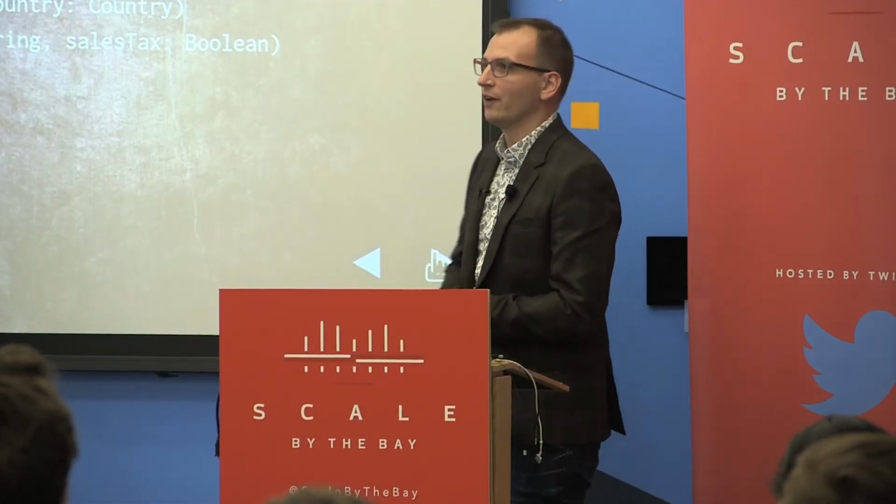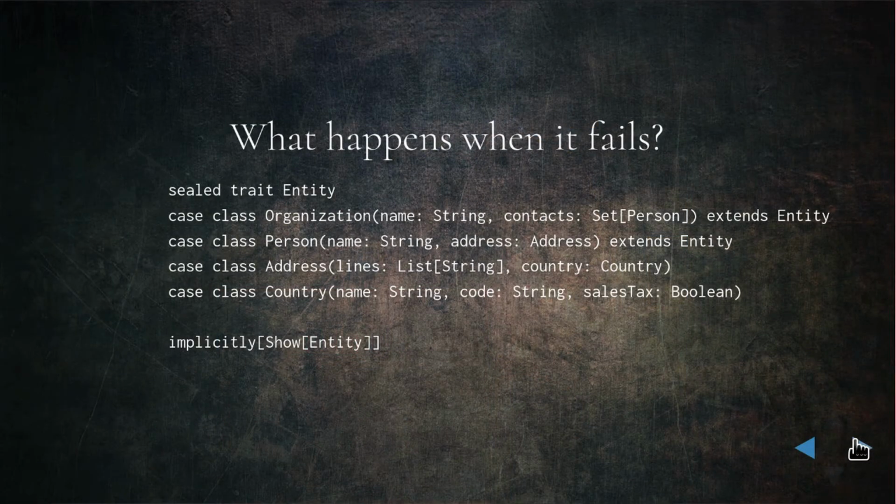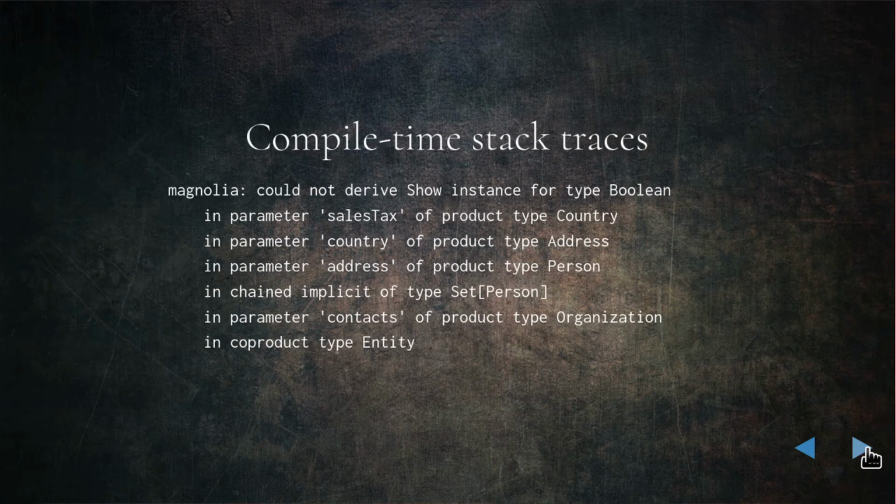You might ask what happens when it fails. If you've used Shapeless and tried to derive for a type class and you just don't get a result back, you literally don't know where to look. You do searches through the structure. So if we had an ADT like this, we tried to get a Show for Entity. There's lots of types in here. If, for example, we didn't have a Show of Boolean, we would get a sort of stack trace that looks like this.